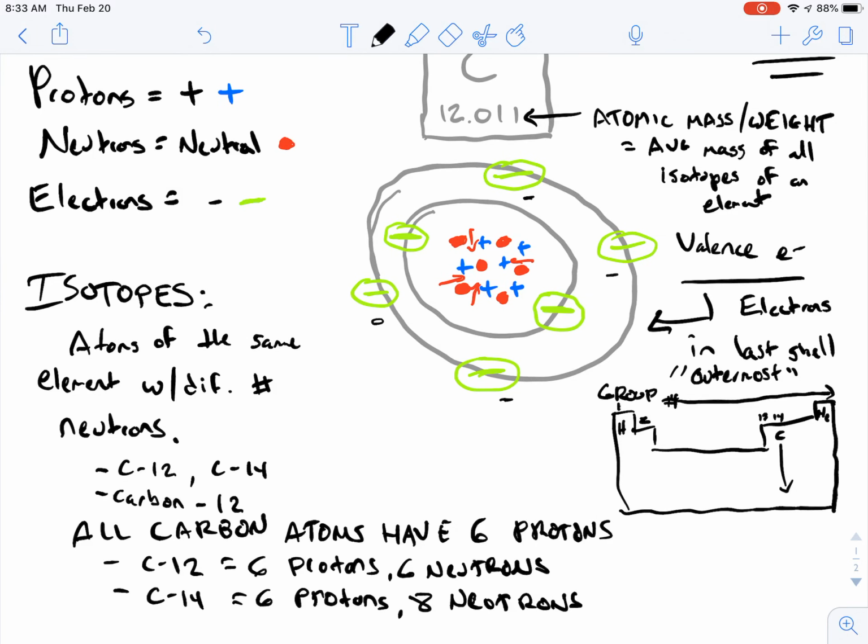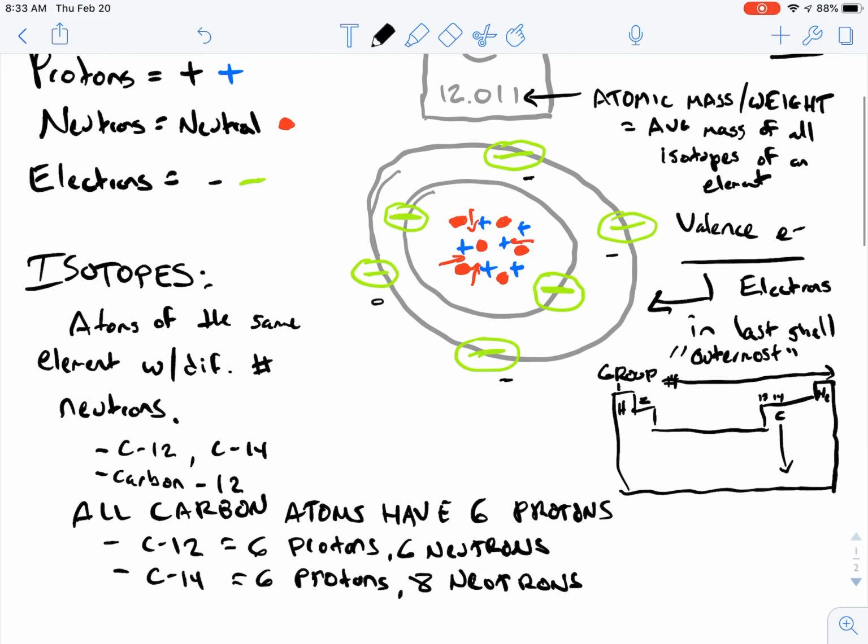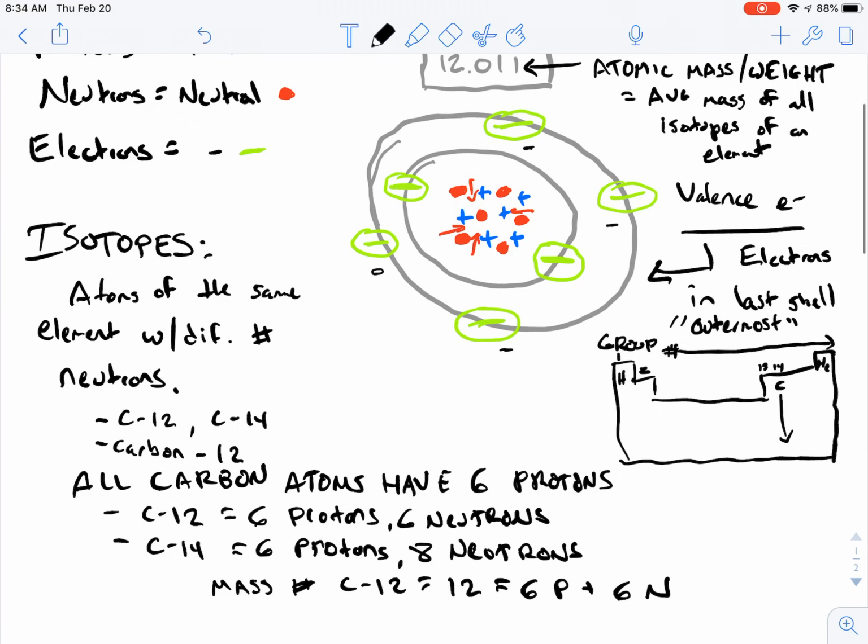And that means that the mass number of carbon-12 equals 12, because we have 6 protons plus 6 neutrons.